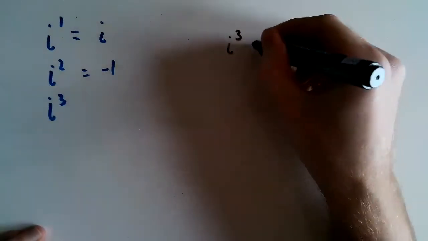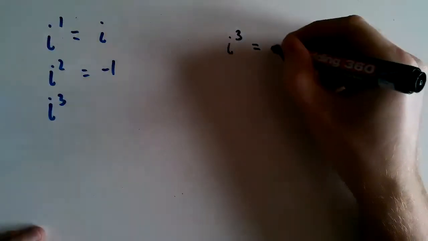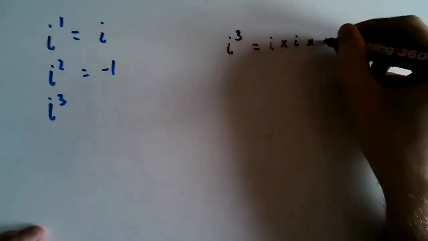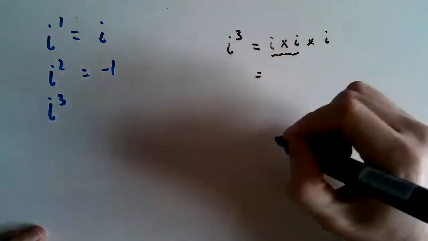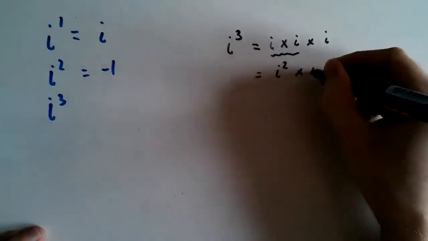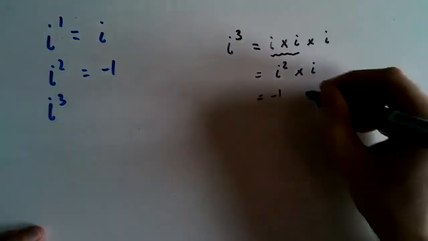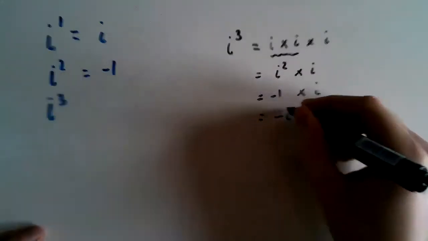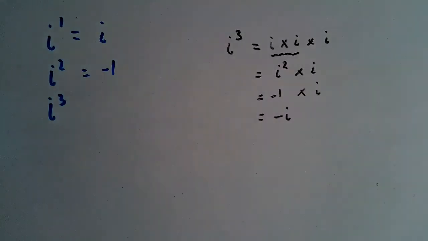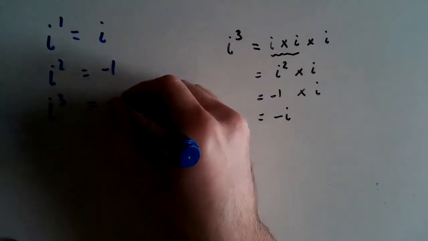So i cubed, well, I can write that as i times i times i. And I know that 2 i's together, so i squared, gives me minus 1. So I've got minus 1 times i, that's just minus i. So i cubed is minus i.